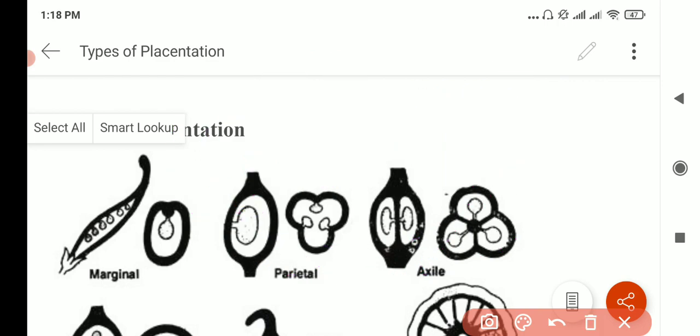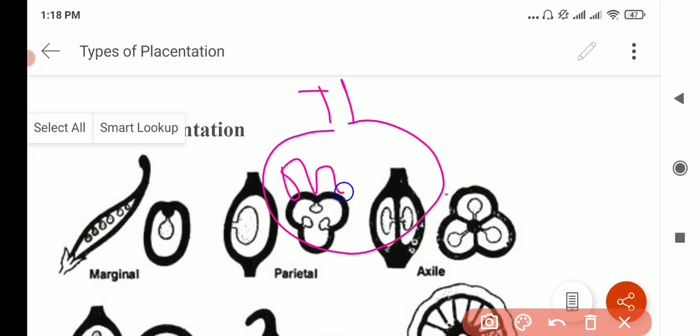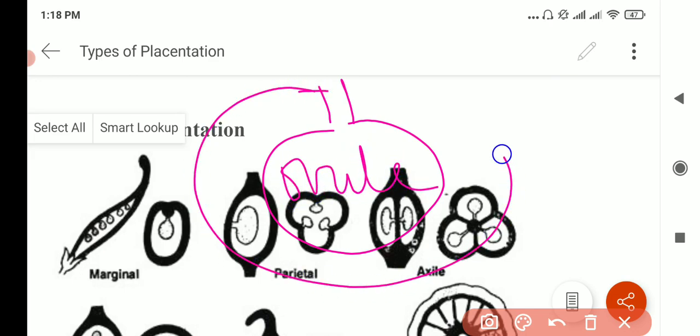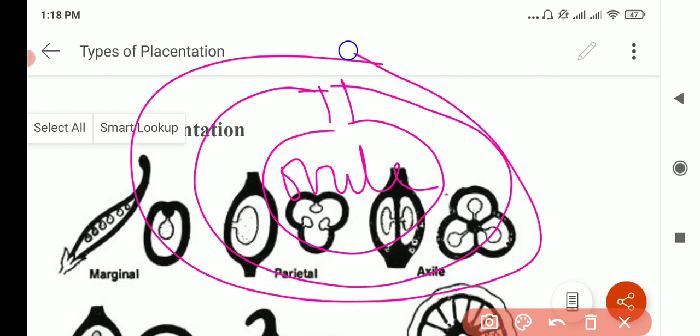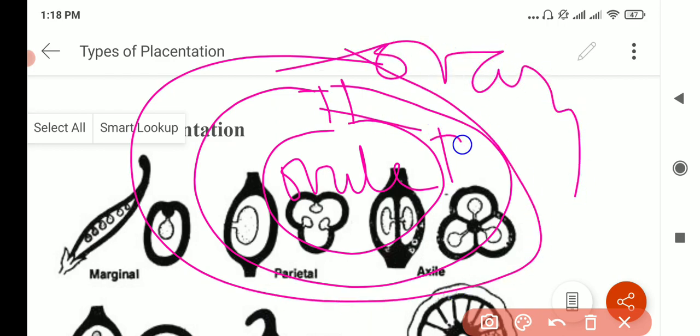Let me repeat. A placenta is a small stalk which connects the ovule to the ovary chamber. This is the chamber of the ovary. Do you see this placenta? I hope it's clear now what a placenta is.